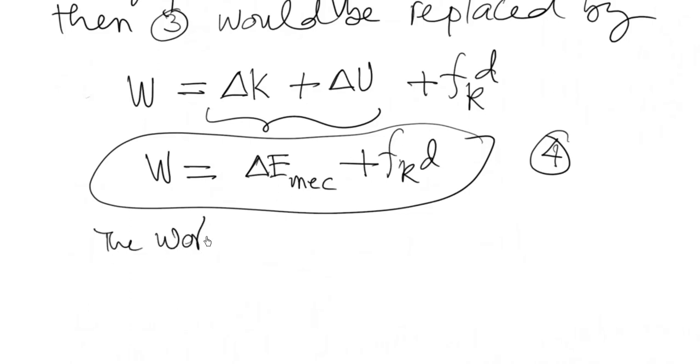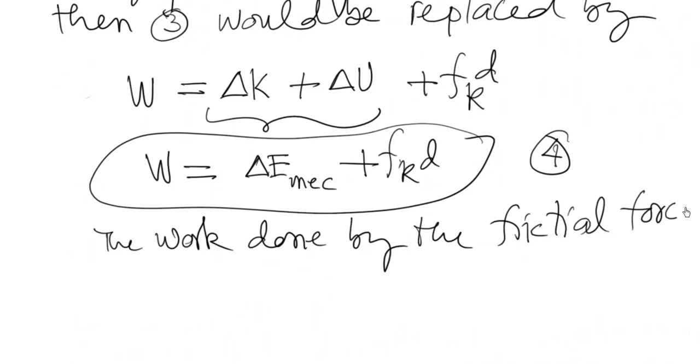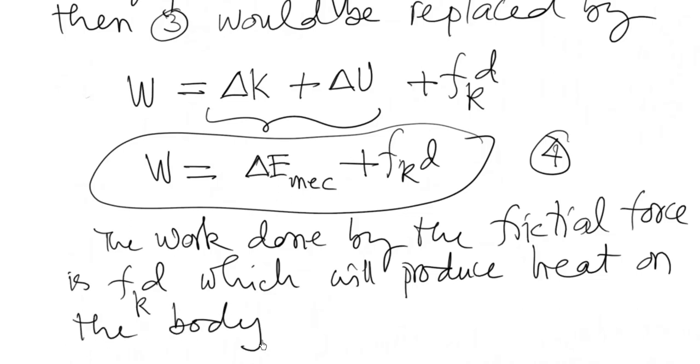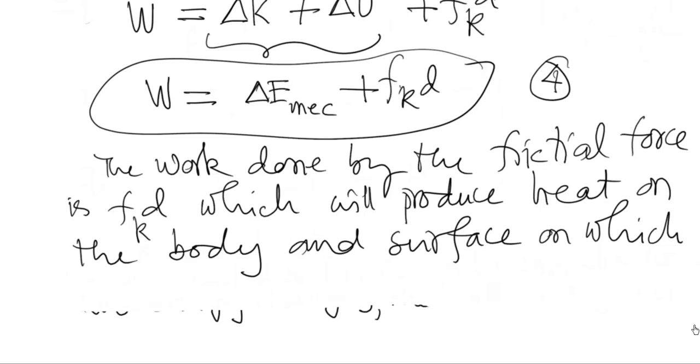The work done by the frictional force is Fk into d, which will produce heat on the body and the surface on which the body slides. Body means the particle.